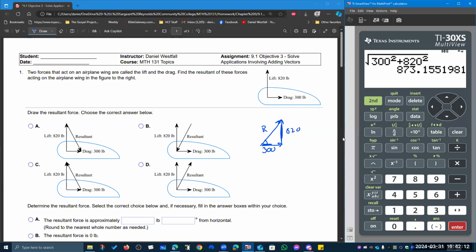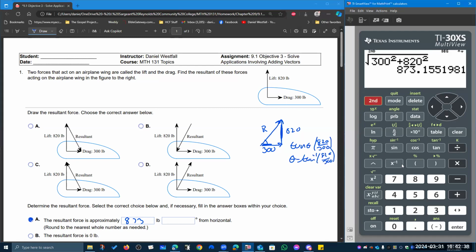And they tell us to round to the nearest whole number here. That's going to be 873. And then to find the angle, we're going to use the tangent function to say tangent of the angle is 820 over 300. So theta is going to be arctangent of 820 over 300.